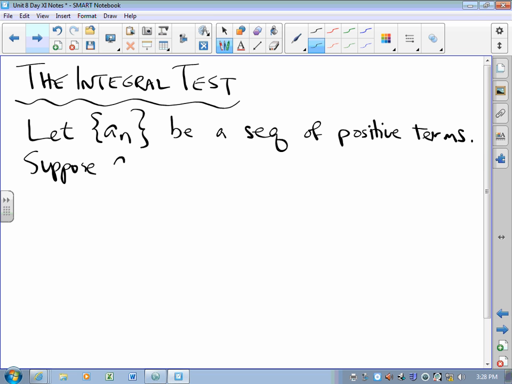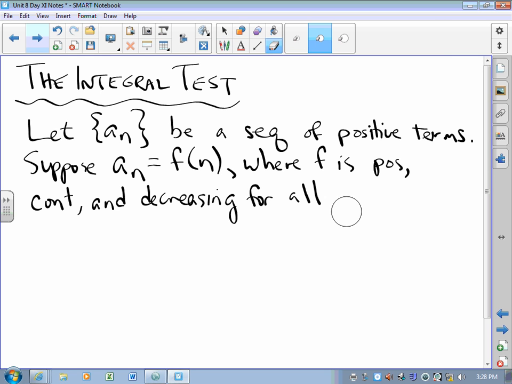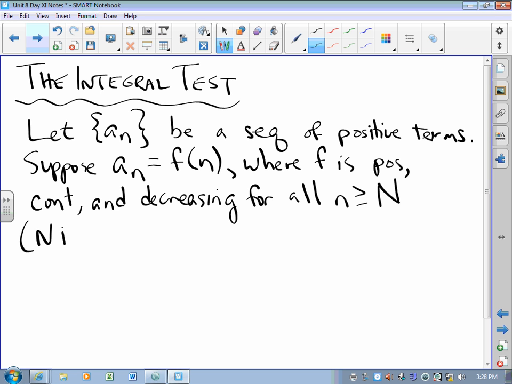Suppose that a sub n is really a function of n where f is positive, continuous, and decreasing, that's the key, decreasing, for all x, and f is a positive, continuous, and decreasing function, for all n greater than or equal to capital N, where capital N is a positive integer.